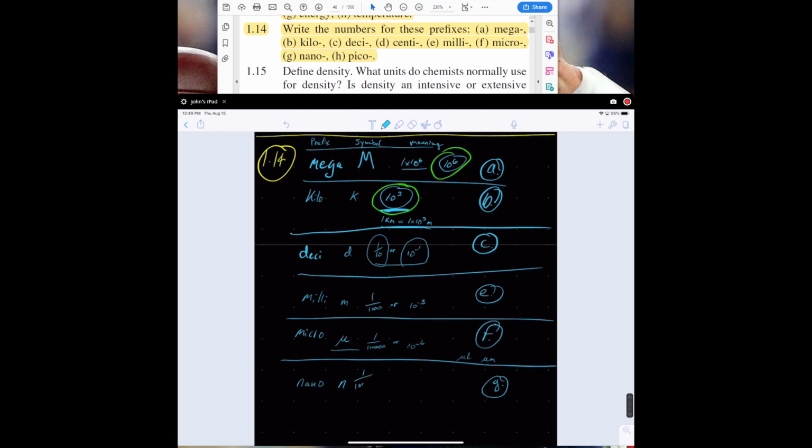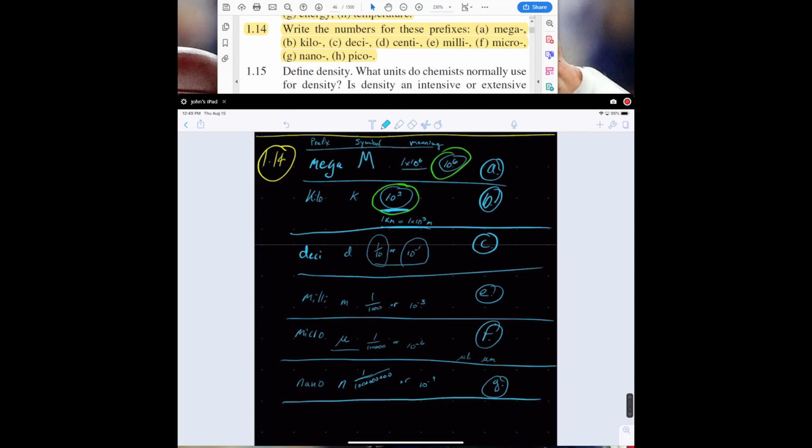So write 1 with 9 zeros. And with that said, we never really write it like this, okay? But we commonly write it like this: 10 to the minus 9. Okay? 10 to the minus 9.